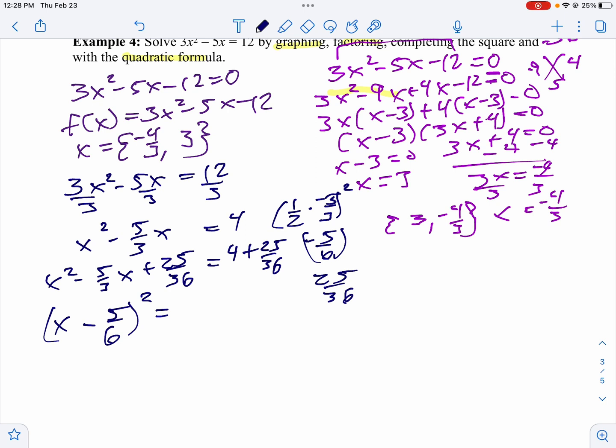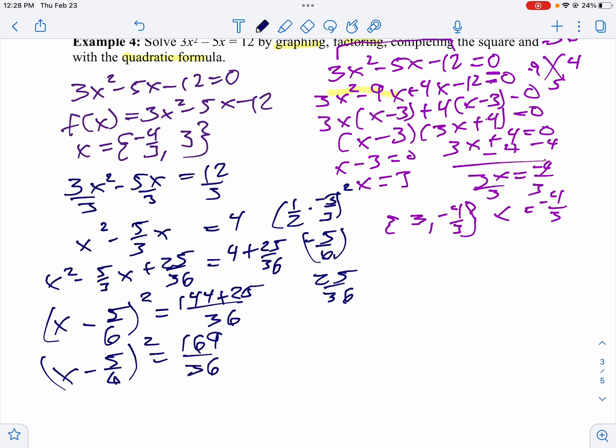So my common denominator is 36. I take 36 times 4, I get 144 plus 25, all over 36. And then that's x minus 5/6 squared. Let's simplify that a little bit. So 144 plus 25 gives me 169 over 36. I'm not going to simplify that, because I notice I can take the square root.